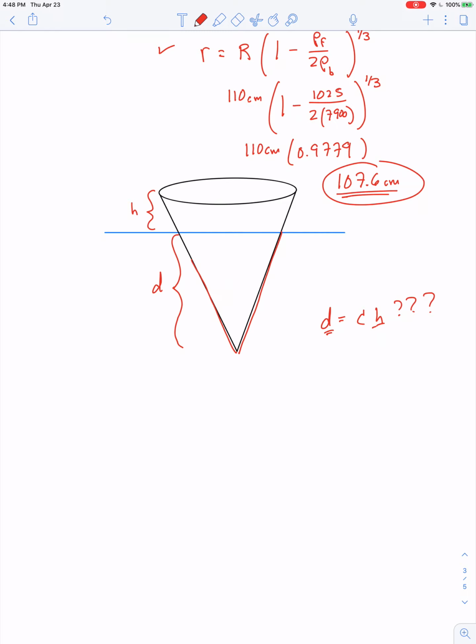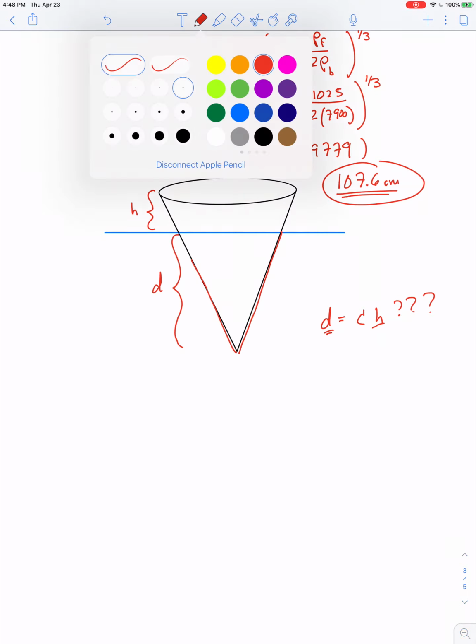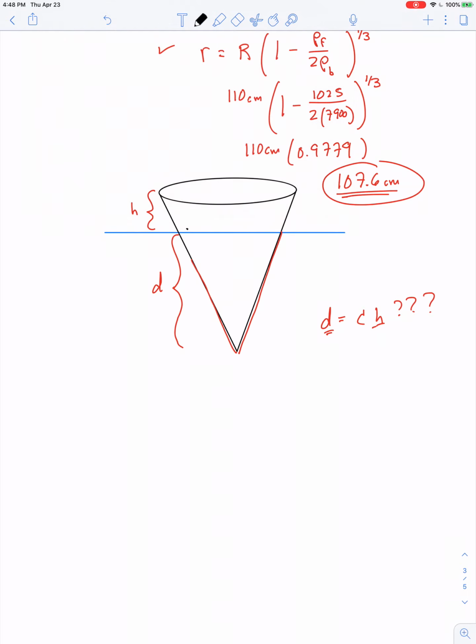So let's label some more values here. Let's draw a bit of a circle where the cone intersects the surface of the seawater. So let's again label two different values of r. There's a capital R and there's a lowercase r. And then, we can see a right triangle. Actually, there's three right triangles to look at here, right?